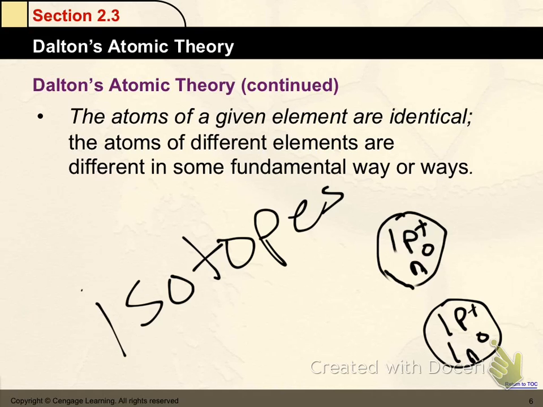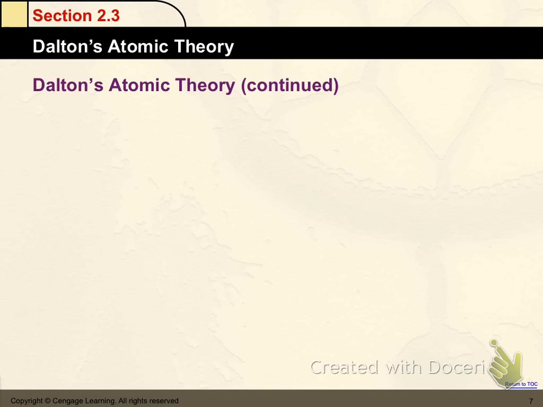And we actually call this hydrogen, but it's got a different name. We call it deuterium. So this is an isotope. They're both hydrogen. They just differ in neutrons. So atoms of a given element are almost identical. They're always identical in the number of protons that they have, but they can differ in the number of neutrons that they've got, and that's where we get the idea of isotopes.